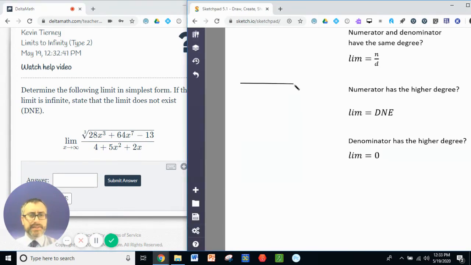Once again, I'm going to focus on just the highest growing term in each group. On top, it's going to be this one over here, the 64x to the seventh, although all of that is under a cube root, so we'll include that as well. Down here on the bottom, it's just 5x squared.